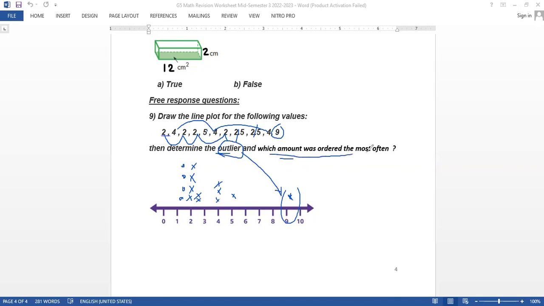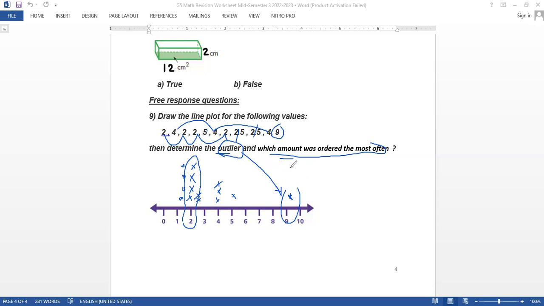Which amount was ordered the most often? Clearly, it is 2, because it was ordered 4 times. So 2 is the amount which was repeated the most.